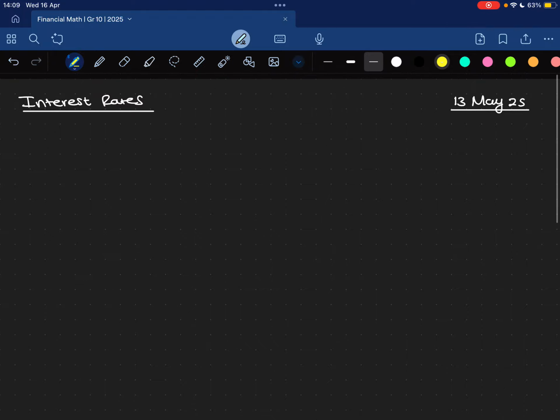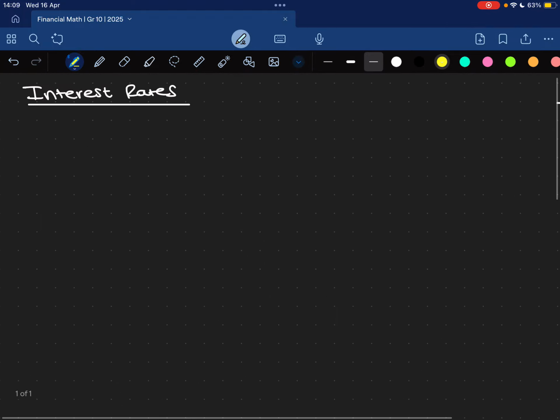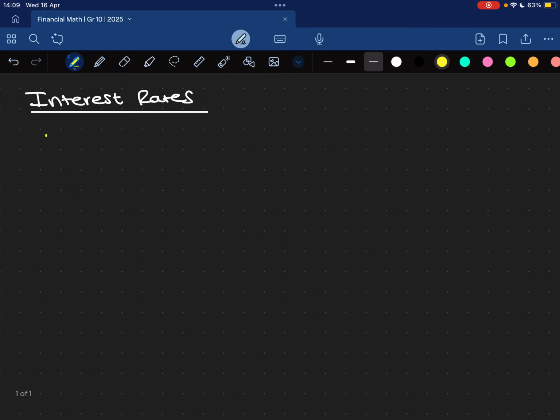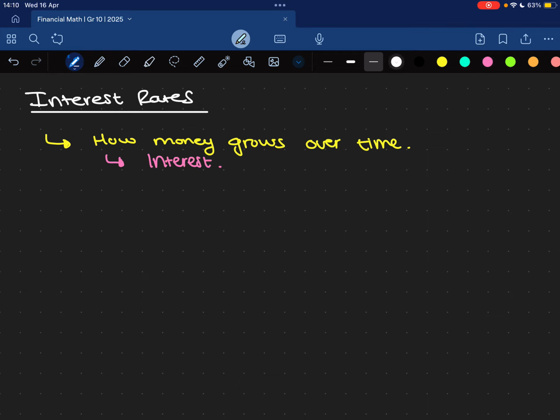Okay, so what we look at specifically in financial maths is that we are trying to find how money grows over time. Okay, that is what is called interest. Okay, so if something has interest, it means that it's going to increase in value over time.